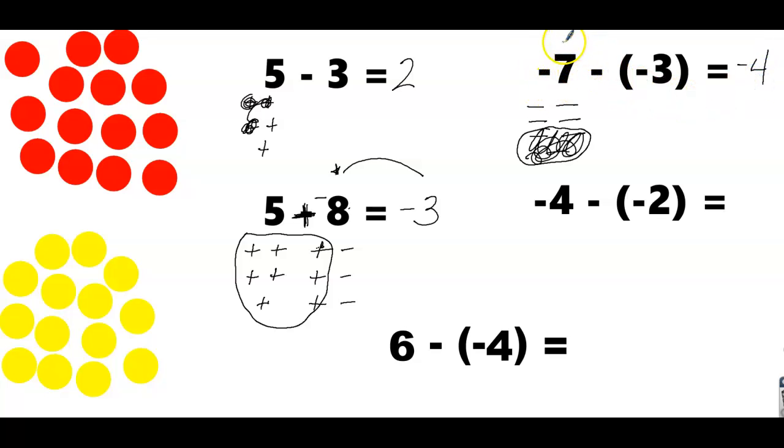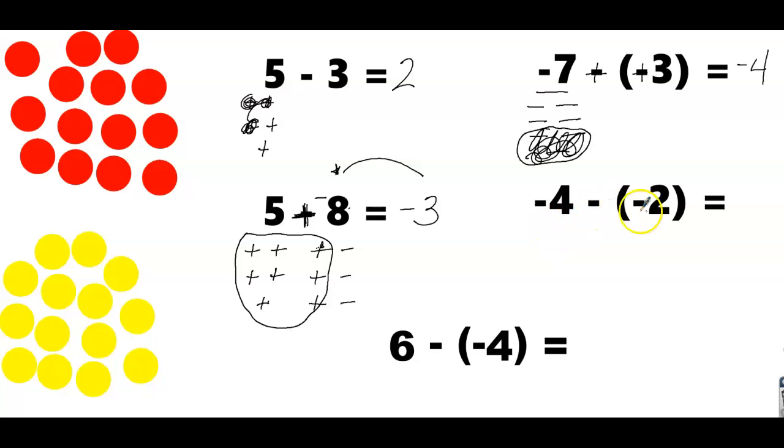If we had done keep, change, switch, keep the first number the same, change, subtract to add, and switch the sign of the second number, now we have -7 plus +3, which means you would subtract the smaller one, 3, from the bigger one, 7, you would get 4. And the answer takes the sign of the bigger number. 7 was bigger and it was negative, so the answer is -4.